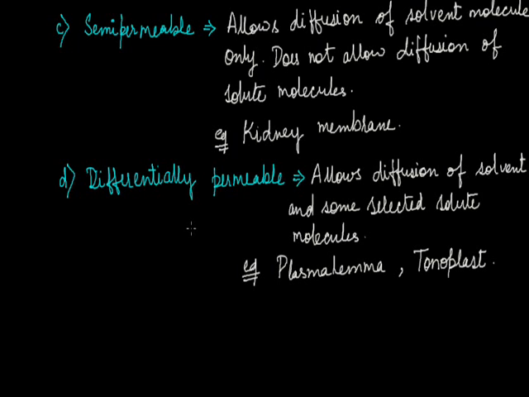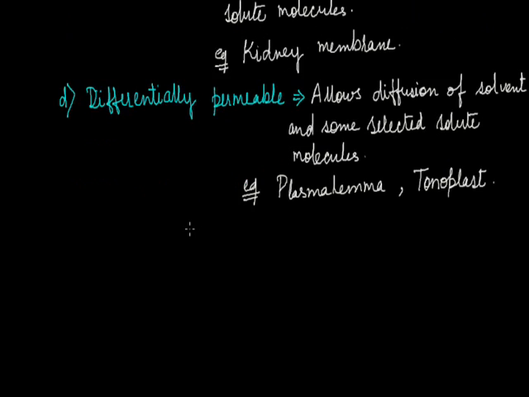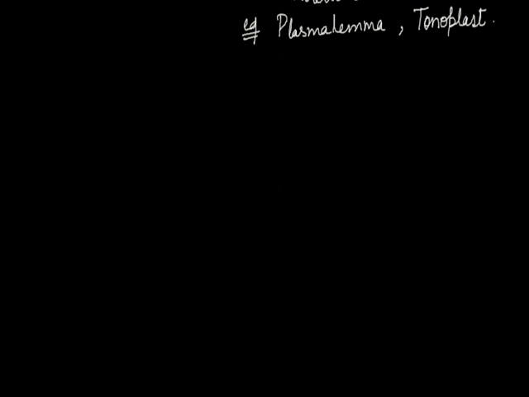One such structure that we have to discuss is plasmodesmata. Plasmodesmata is the structure which connects two cells, and it allows communication between two cells, and it is present mainly in plant cells.